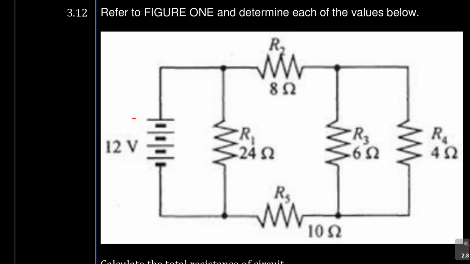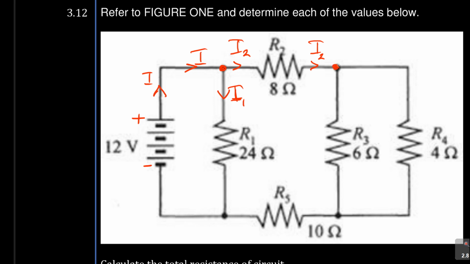If this is my positive and this is my negative, and I'm following the conventional current, this is my I coming in. When it comes there, you agree with me that current is going to split. Some of it is going to come here, let's call it I1, and then some will go straight, let's call it I2. Right?